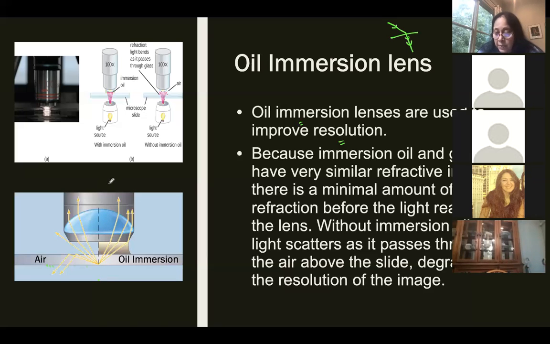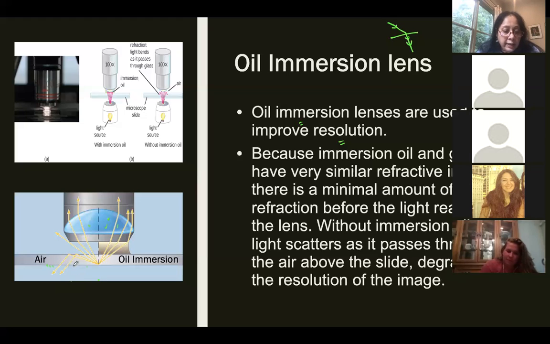To make the image, the more light rays that can move through the objective lens, the better the image it will make. So our target should be to move almost all the light through the objective lens. This is the objective lens. Okay, so this side, it's air. We don't have any immersion oil.